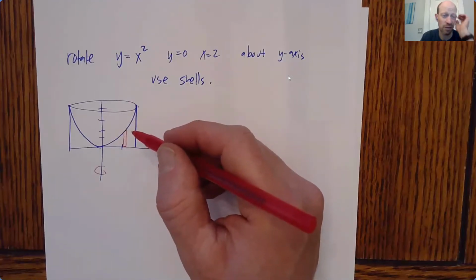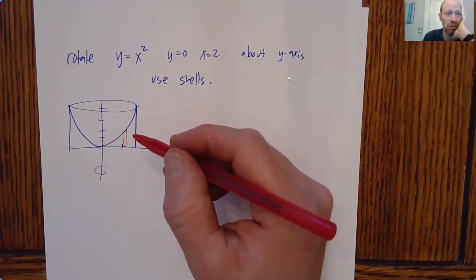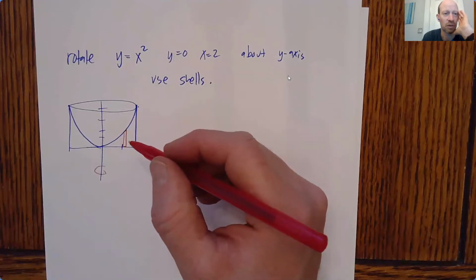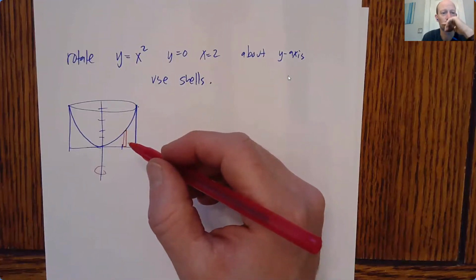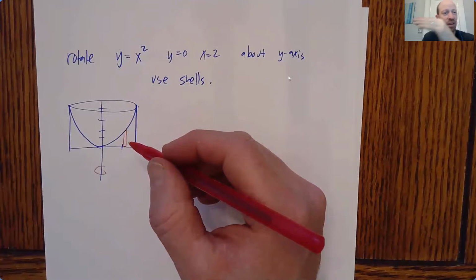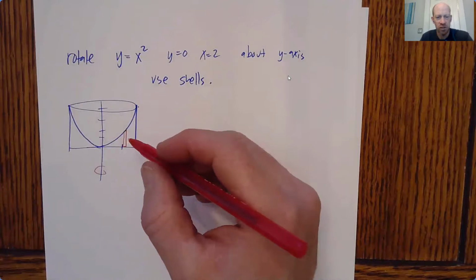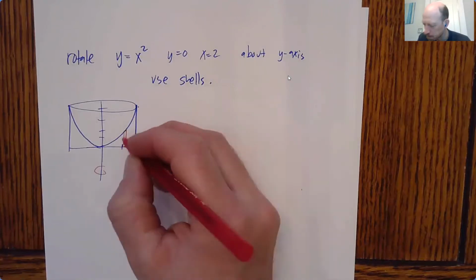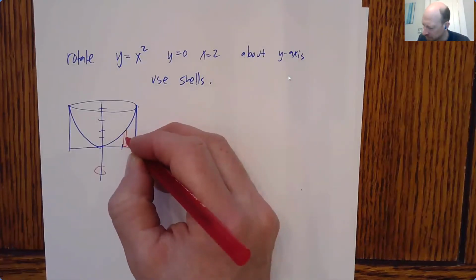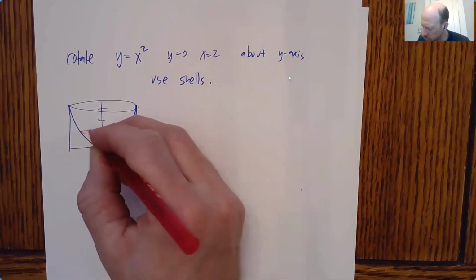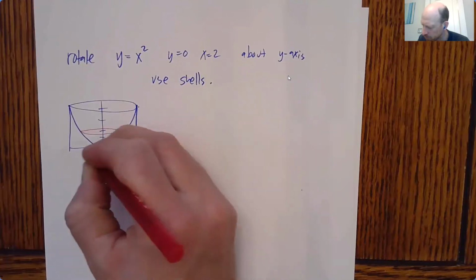That's really what's nice about shells, is that if one method is using dx, the other method will be dy. And that's why it's important for us. So for a shell, I sketch a little slice, and then I imagine where that little slice would go as it rotates around.